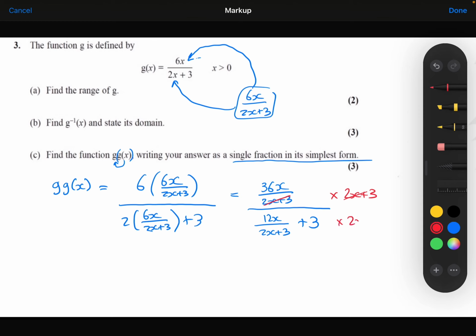And I'm going to have to multiply everything on the bottom by 2x plus 3. So that's going to leave me with just the 36x on the top because the 2x plus 3 is cancelled out. This 2x plus 3 will be cancelled out. So that's just going to leave me with a 12x at the front. And then we're also going to have the 3 times the 2x plus 3.